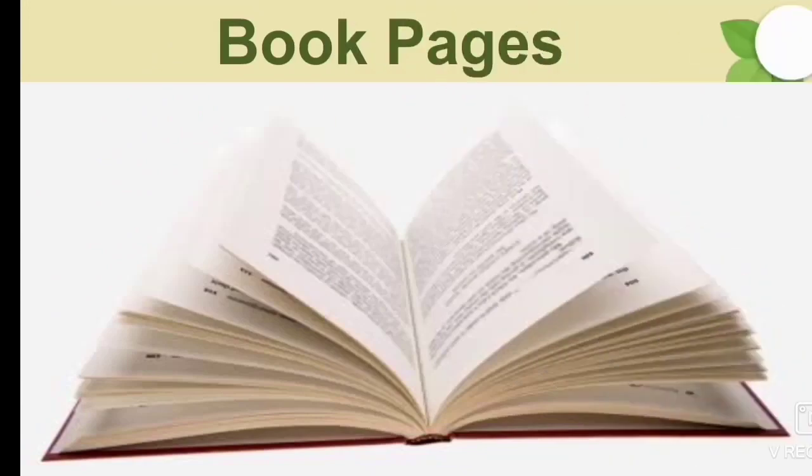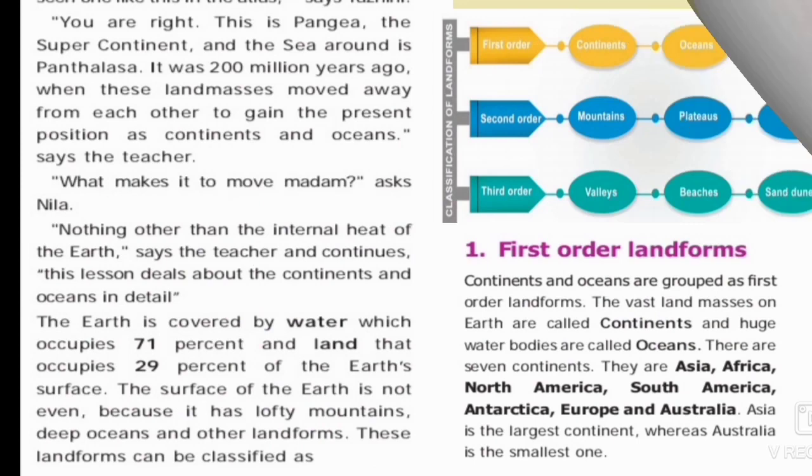Now let's recall the textbook pages related to today's topic. Today we have seen about Pangea, the supercontinent, and the sea around it, Panthalassa. It was 200 million years ago when these landmasses moved away from each other to gain the present positions as continents and oceans.